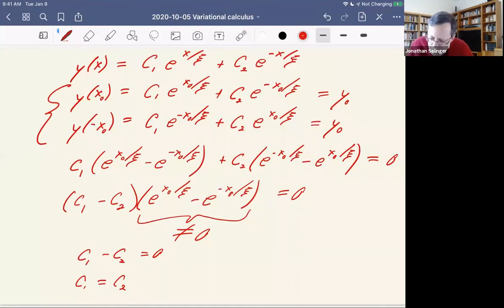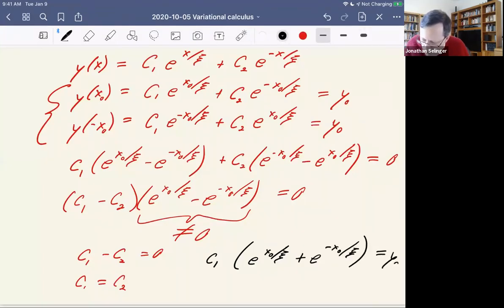Okay, so then I'll go back and plug that into one of the equations, like here. Okay, and then I get what? C1 times e to the x0 over ξ plus C2, which is the same as C1, e to the minus x0 over ξ, equals y0.